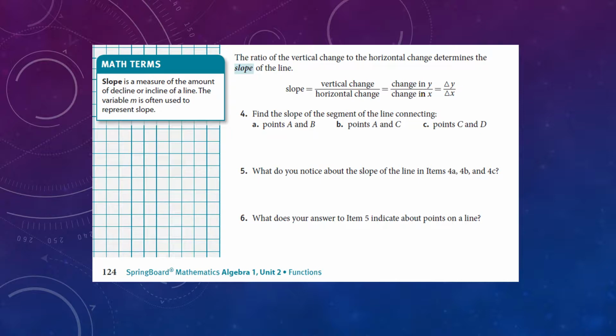So slope is a measure of the amount of decline or incline of a line. The variable m is used to represent slope. The ratio, that's always a fraction, the ratio of vertical change to horizontal change determines the slope of the line. So we're going to be looking for a vertical change, a horizontal change, and we're going to make a ratio out of them.